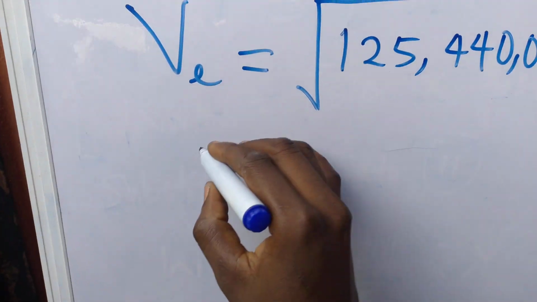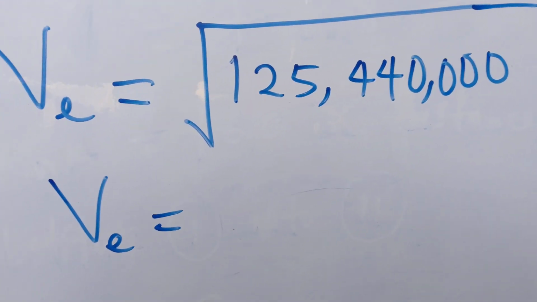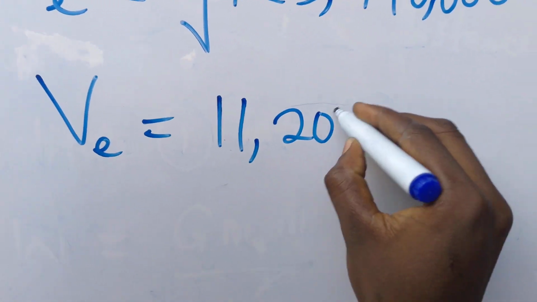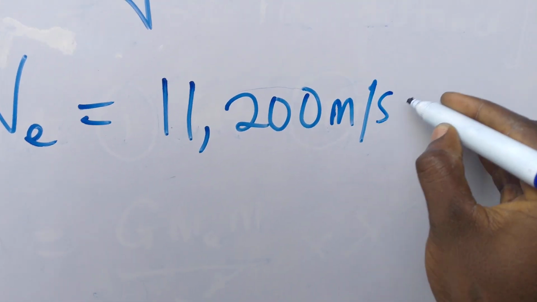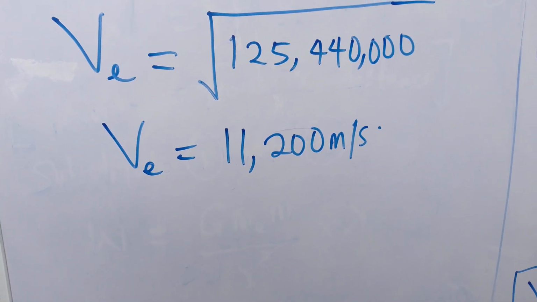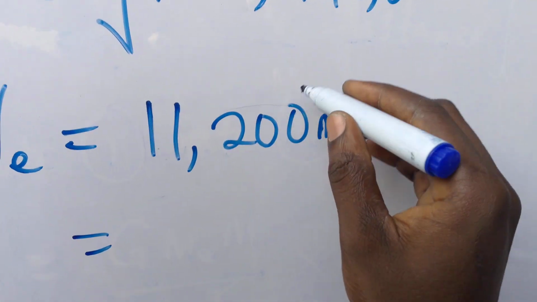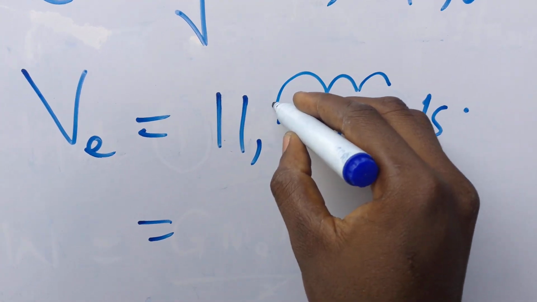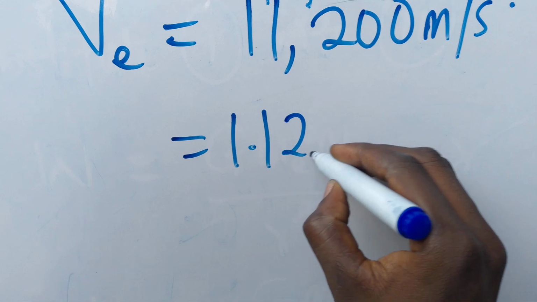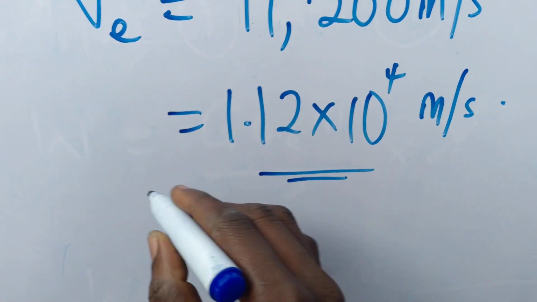The square root of this gives me 11,200 meters per second. So that is my escape velocity, 11,200 meters per second. You can convert to standard form. If you move the decimal, that's 1, 2, 3, 4, so that's 1.12 times 10 raised to the power 4 meters per second. It's my escape velocity.